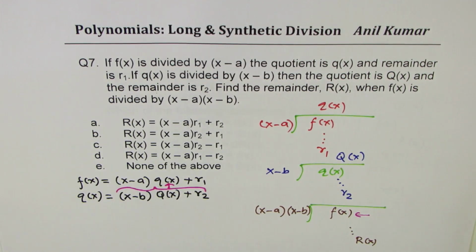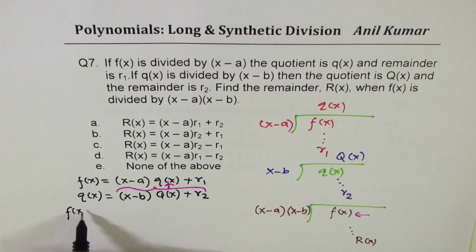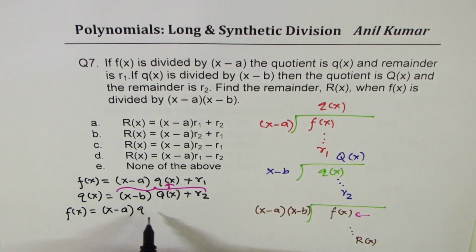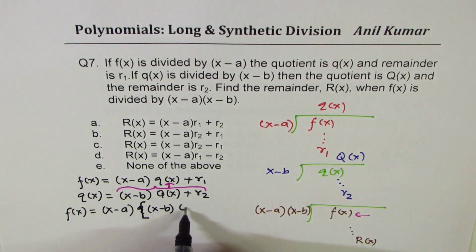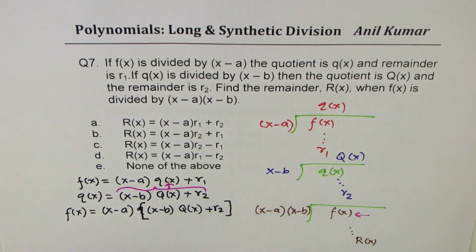So we can actually substitute this value of q of x here. So we could rewrite our first equation as f of x equals x minus a times, instead of q of x, let me write within bracket, x minus b times capital Q of x plus r2. Does it make sense to you? And plus r1. So what we did was we substituted the value of q of x in the first equation.